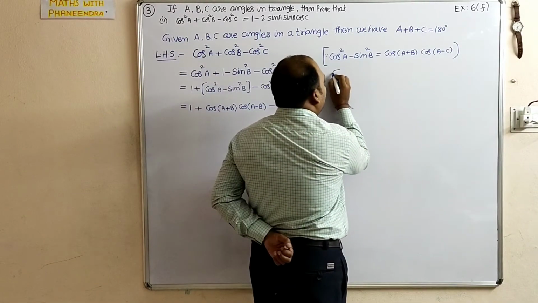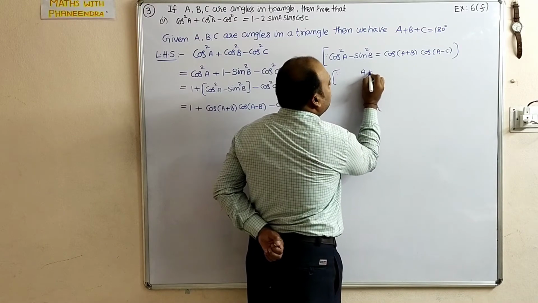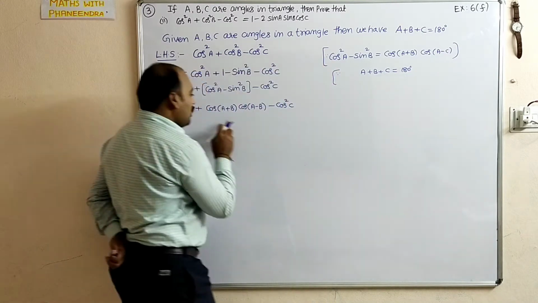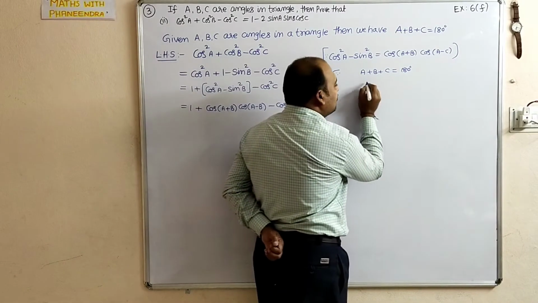I want to get the value of cos of A plus B. See here, A plus B plus C equal to 180. But I want the value of cos of A plus B. Now make A plus B the subject.